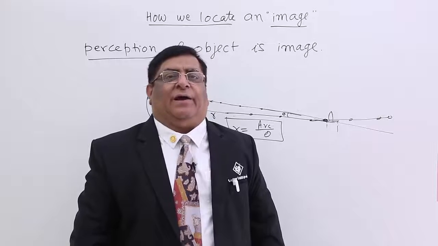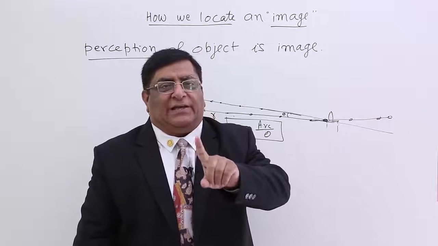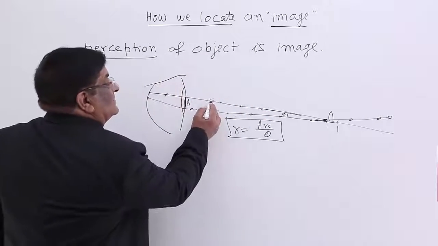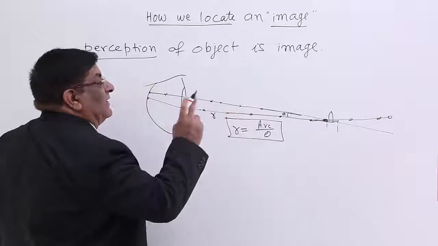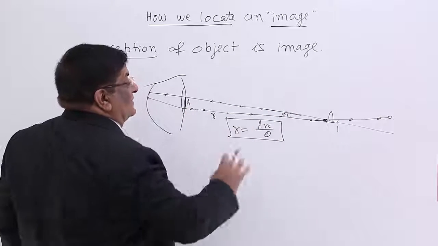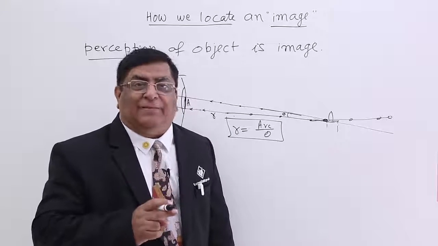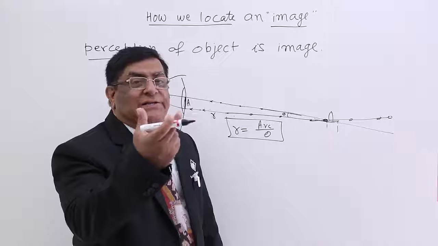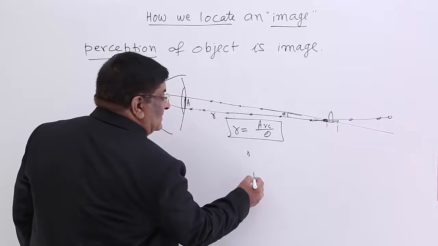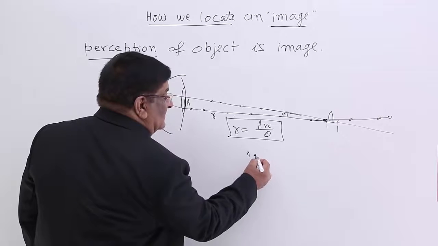But sometimes, for distant objects, a single eye is not able to differentiate between the two rays. The angle is so small, it is negligible, almost zero. So it cannot make out what the distance is. At that time, our system of two eyes comes to our help, because there is a certain distance between the two eyes.